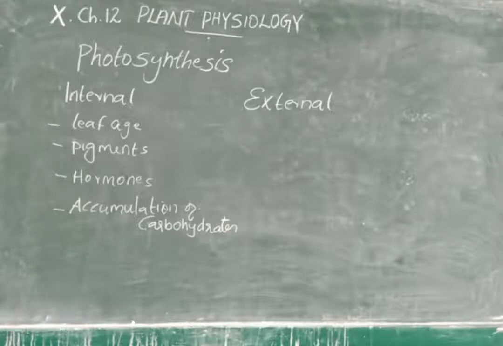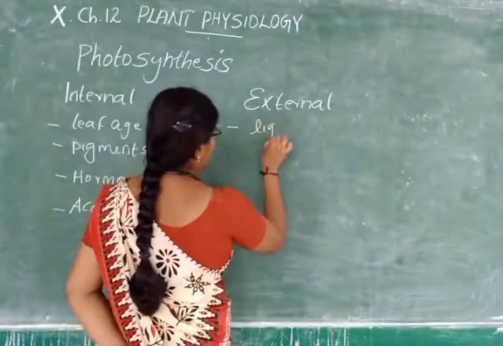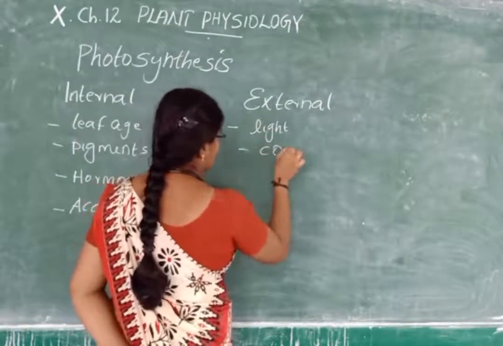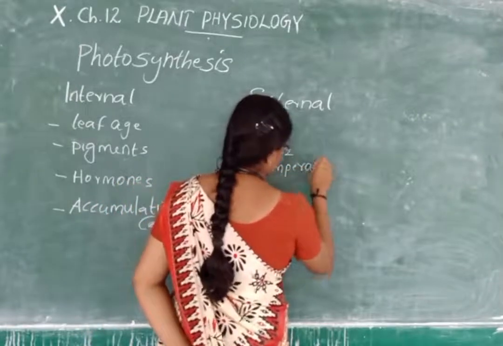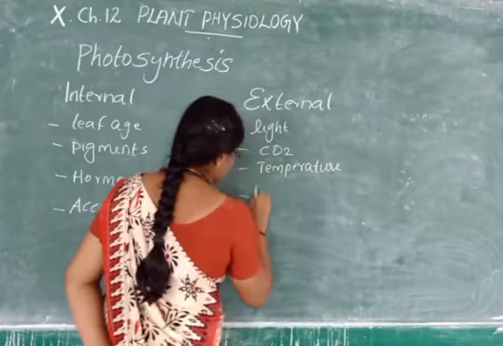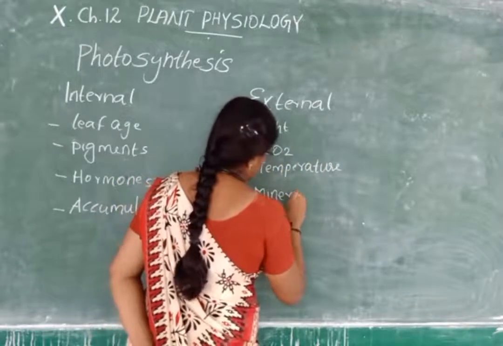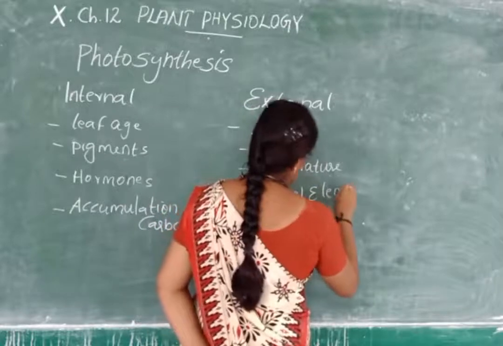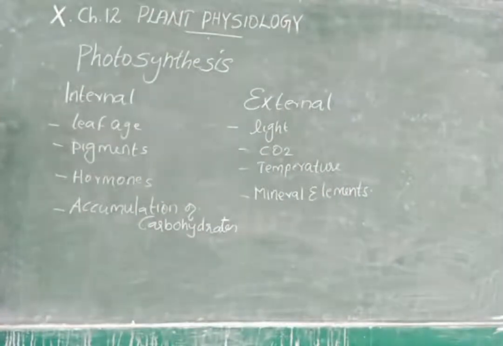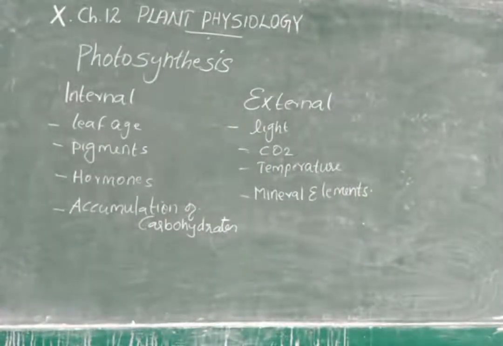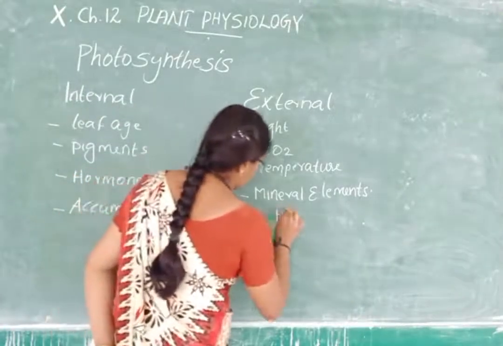What are the external factors that affect photosynthesis? Light, carbon dioxide, temperature, mineral elements, and the essential one is water.